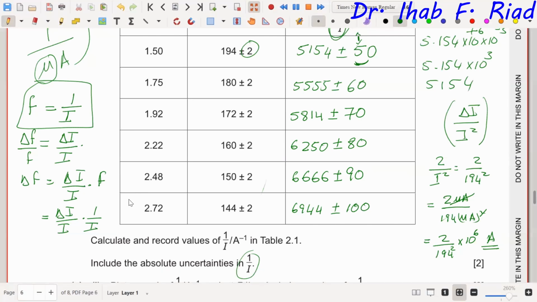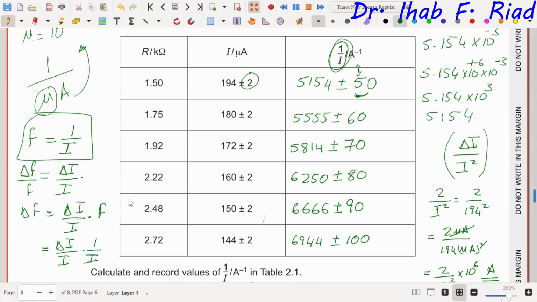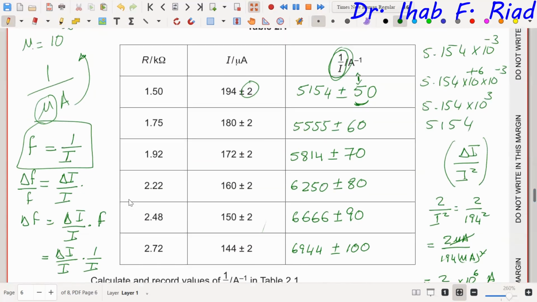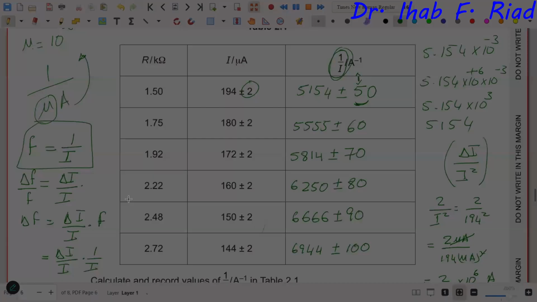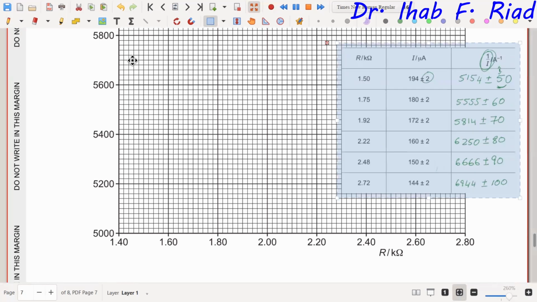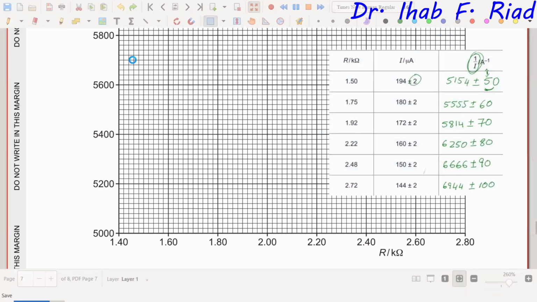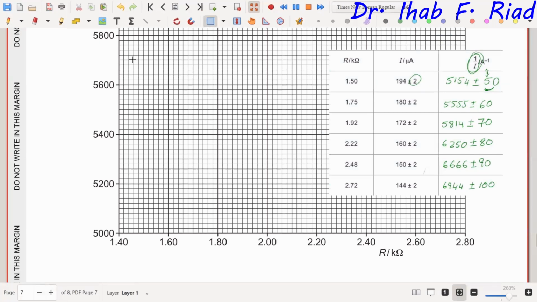Now we go and try to do our graph plot, right? Can you help me now? We got 1.5, so where is 1.5?